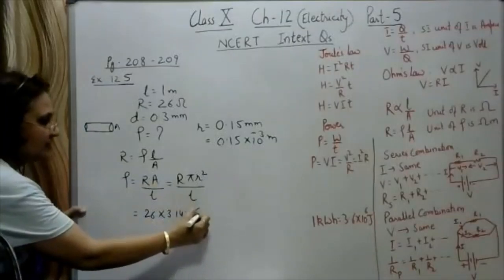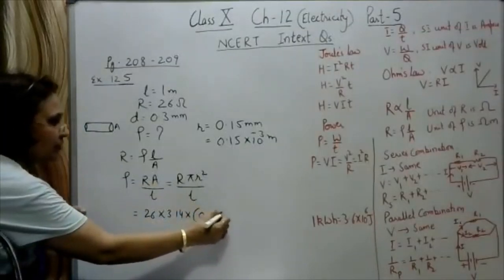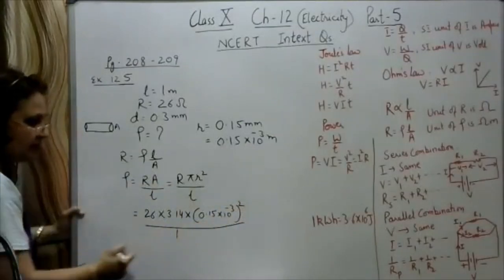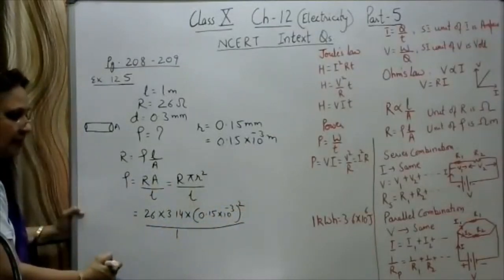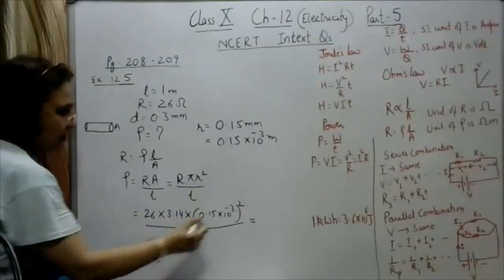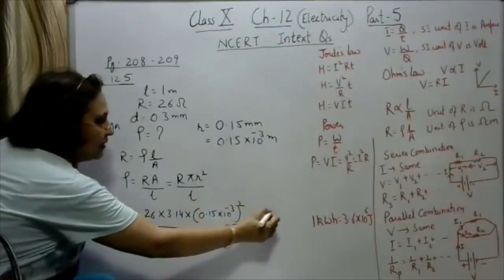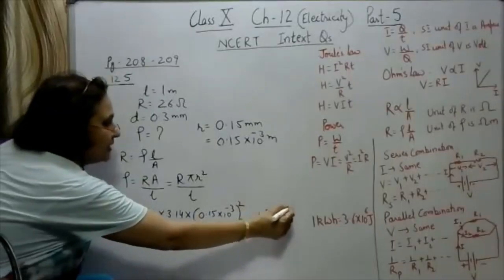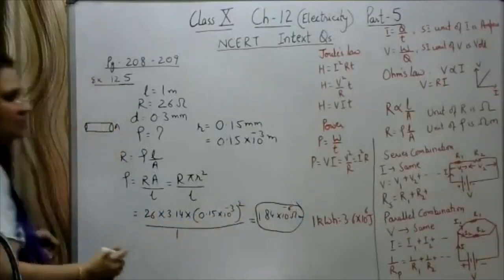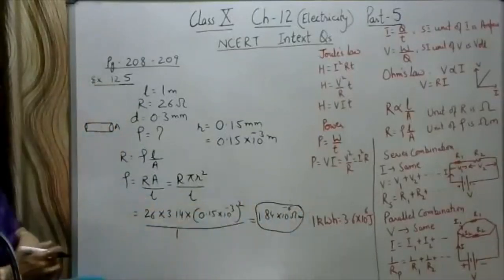Square of the radius, 0.15 into 10 raised to the power minus 3 square, upon 1 meter. On simplifying it, you get the answer to be 1.84 into 10 raised to the power minus 6 ohm meter. This is the resistivity of the material of the conductor.